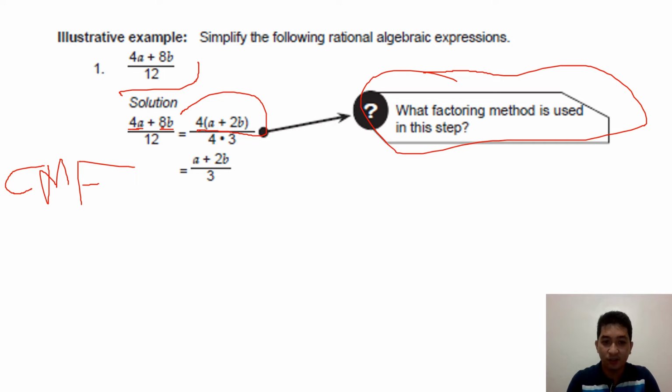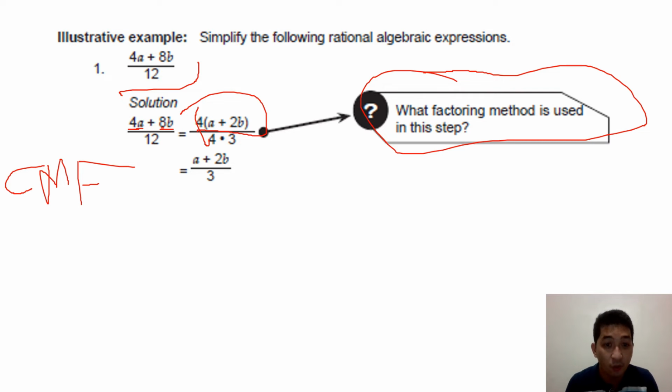Okay. And then next, let's go with this one. So, ulit, para makuha natin yung sa loob ng parentheses, again, the common monomial factor is 4. And then, let's go with yung nasa loob naman ng parentheses.